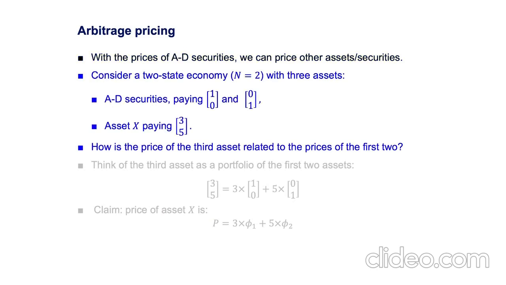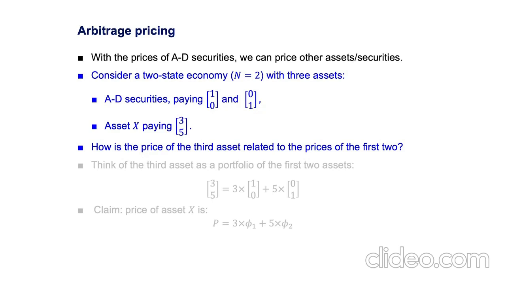To illustrate this idea, let's consider a two-state economy in which we only have two states for day one. We have three assets traded in the market. The first two assets are the two Arrow-Debreu securities, one paying $1 in state 1, 0 in state 2, and the other paying $0 in state 1 and 1 in state 2.